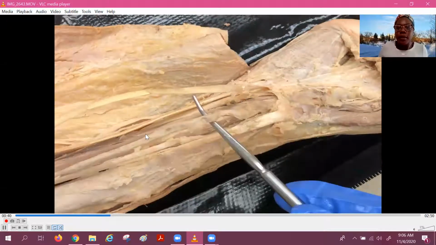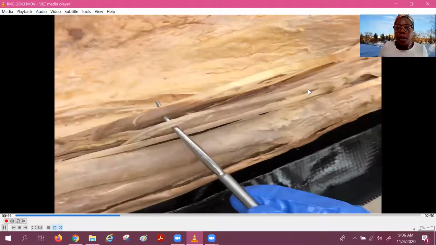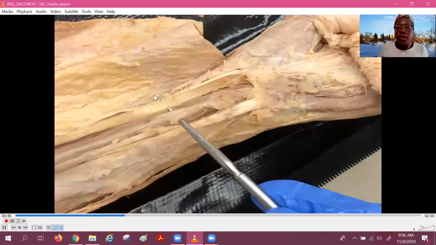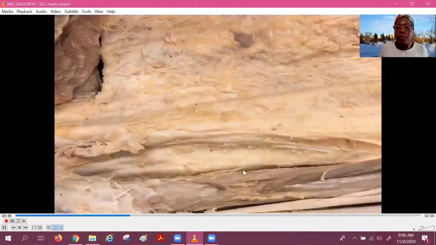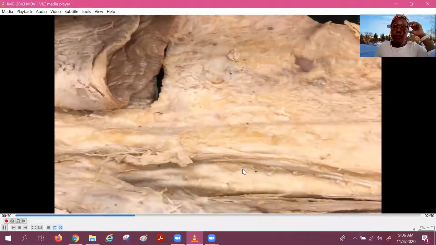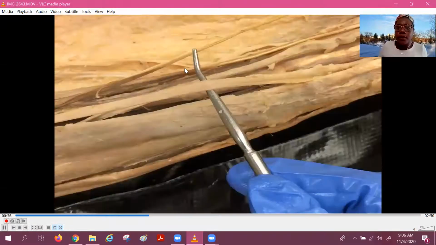Here's an artery. All right, here is a tendon compared to an artery. So here's a muscular tendon. Here's a nerve.